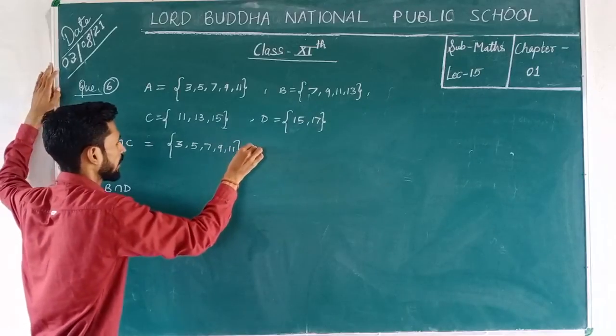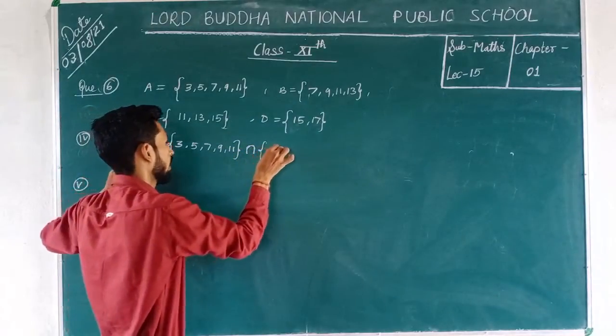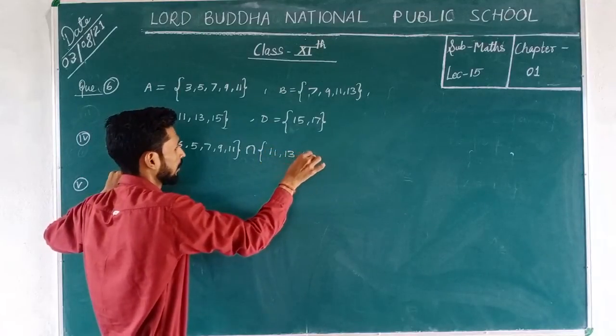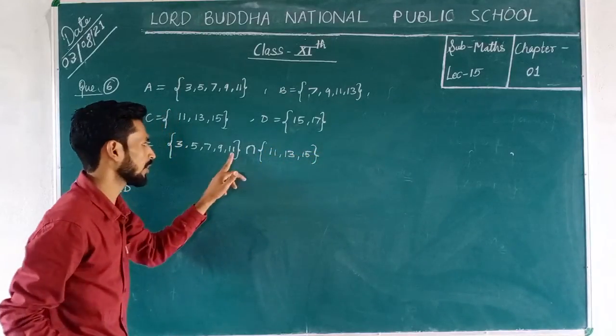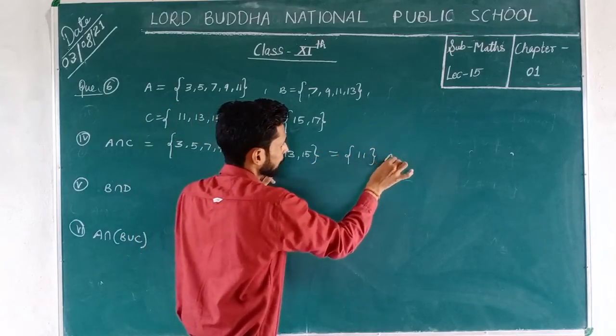And now take the intersection and write the elements of set C, that are 11, 13 and 15. So the common element only is 11. So that will be the answer.